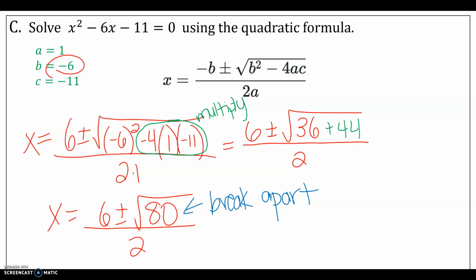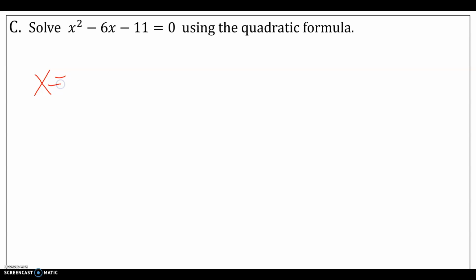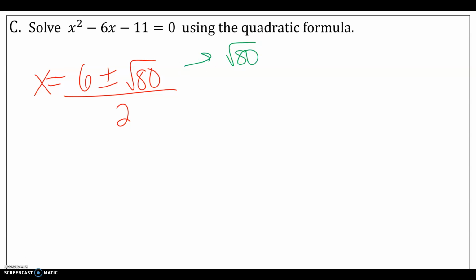So far so good. Now, as you can see, that 80 is a pretty big number, so we need to break that apart. So here is the same answer that you just had. And hopefully you're thinking of how you can break apart the 80. So if we do that, I believe we could try 4, but I think 16 actually works the best.